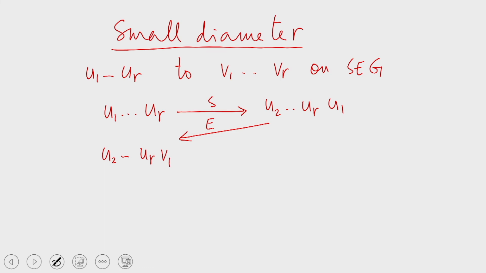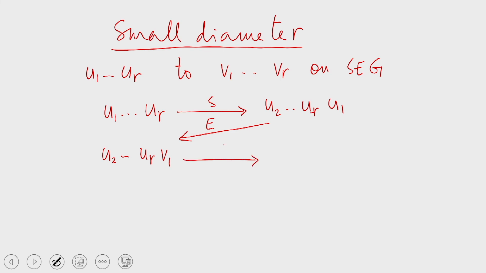This exchange edge is optional. If U1 is identical to V1, then these two vertices, U2 through UR, U1 and U2 through UR, V1, are identical. So, we do not have to take the exchange edge. So, using this exchange edge, if necessary, we have now reached U2 through UR, V1.